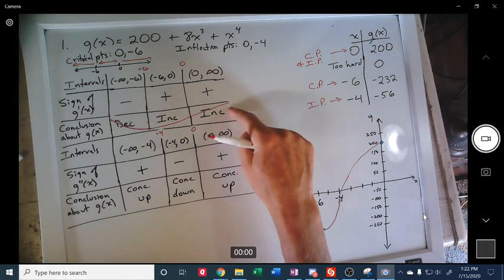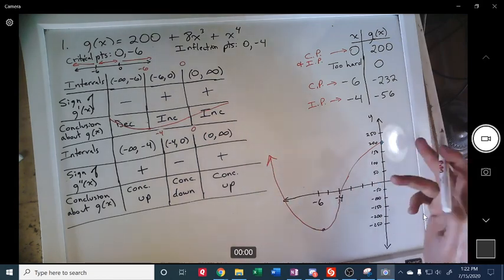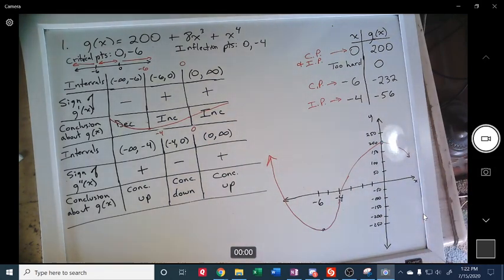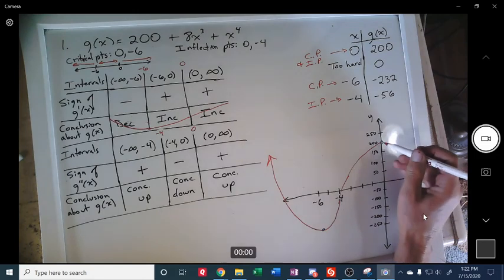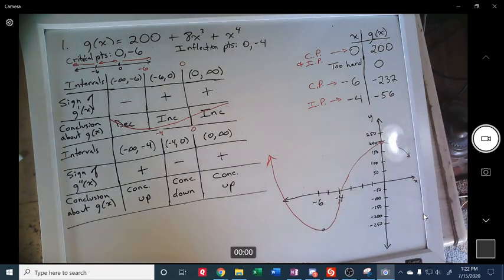It says we should be increasing, and it should be concave up. So, am I doing that right? Nope. I made it decreasing. That's my natural tendency, but isn't this has got to be a horizontal tangent line? So doesn't it have to be a maximum?